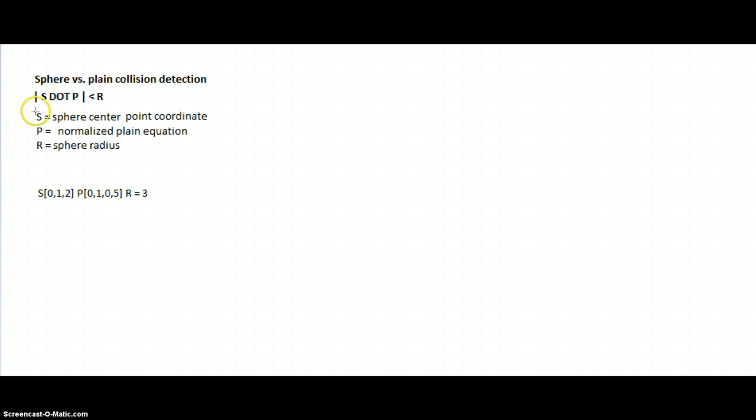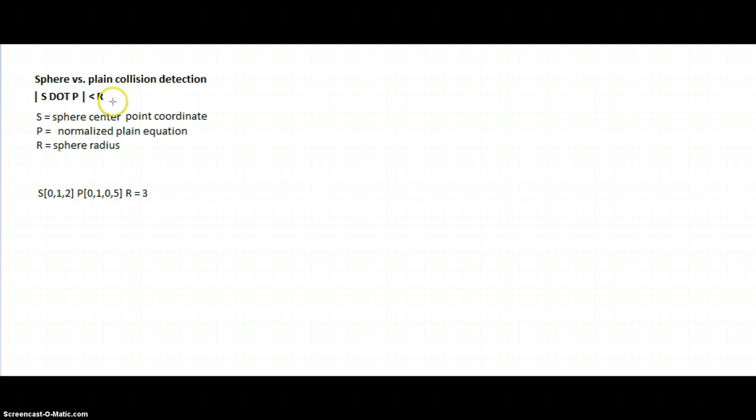We take the absolute value of the dot product of the sphere center point coordinate and the normalized plane equation, and we compare that to the sphere's radius. If the value is less than the sphere's radius, then the collision happens.